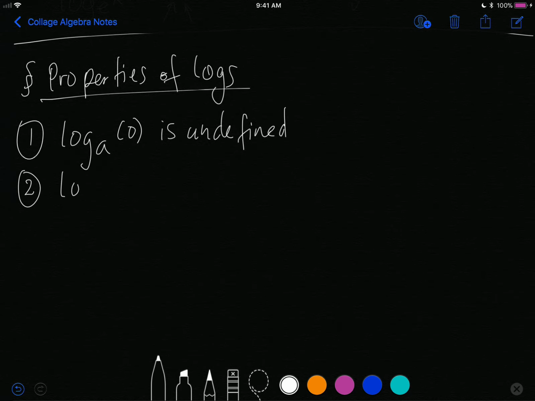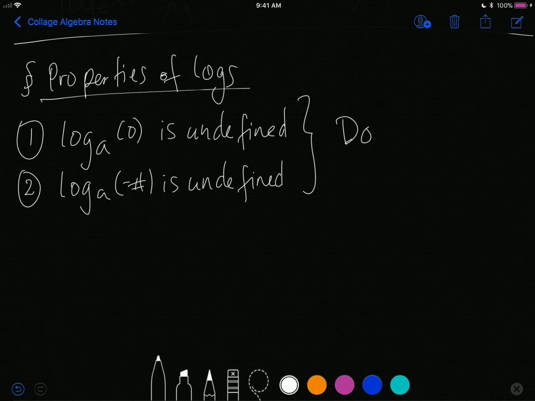Similarly, log base a of a negative number is undefined. I.e., if I plug in log of negative 72, there is no answer. These two combined tell us that the domain for all logarithms are numbers that are greater than 0. Domain is from 0 to infinity. Logs only take positive numbers, i.e. 0 and negative numbers are out of there.